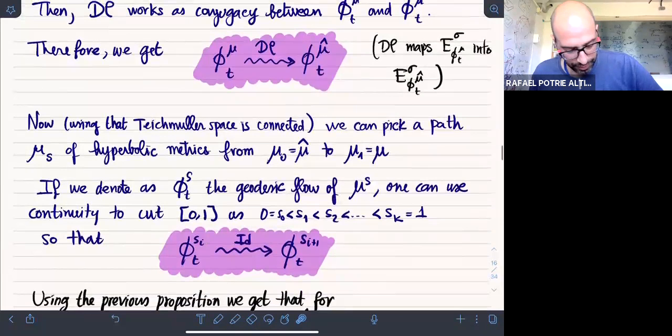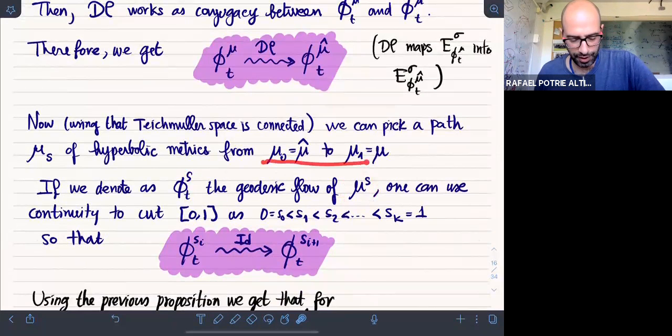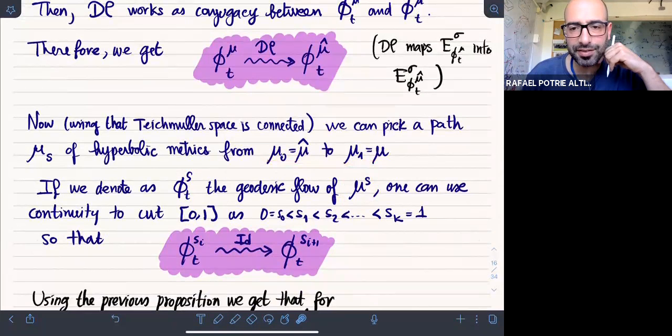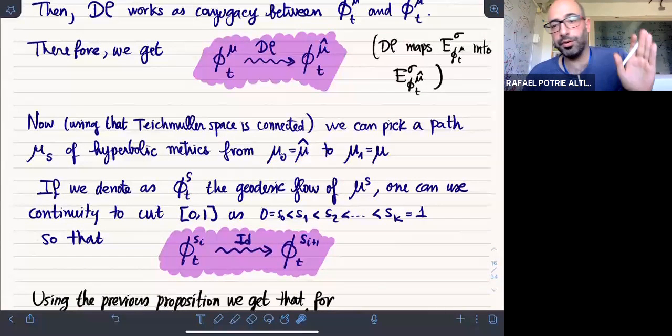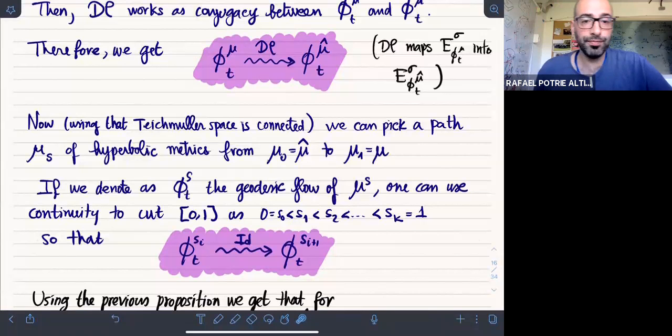And denote by phi s of t the geodesic flow of the metric mu s. So you have this path of metrics, and you have a path of geodesic flows. The point is these geodesic flows are now moving continuously, and so the bundles move continuously.